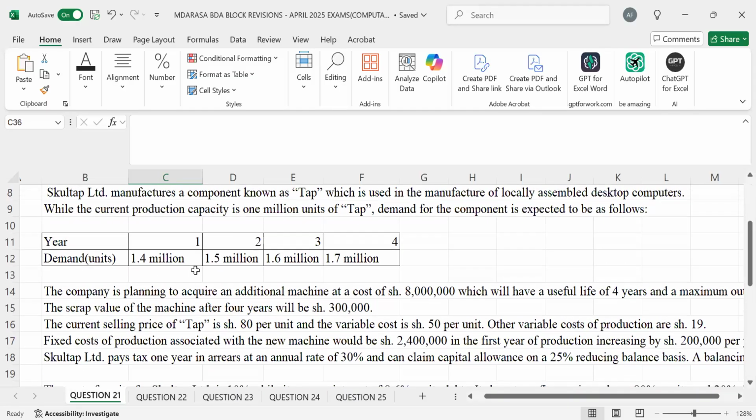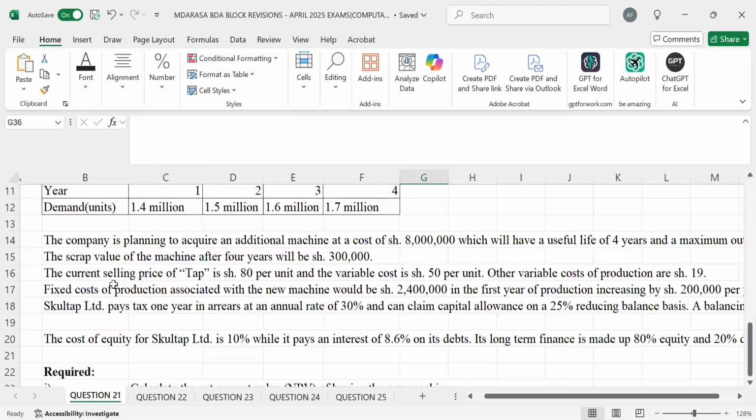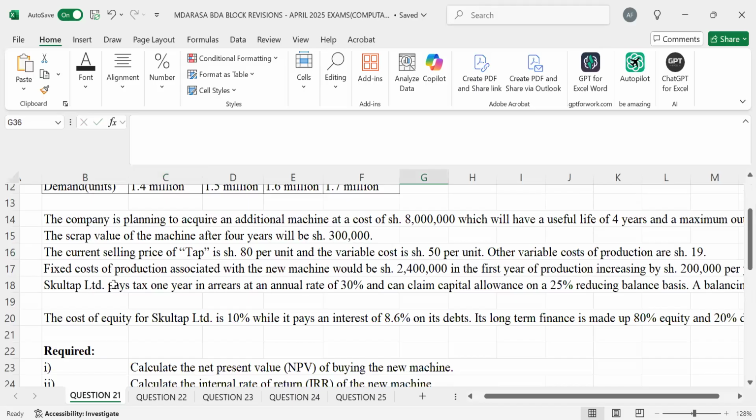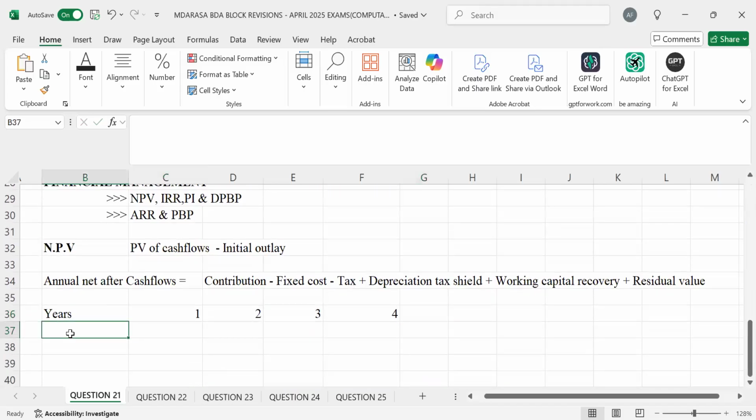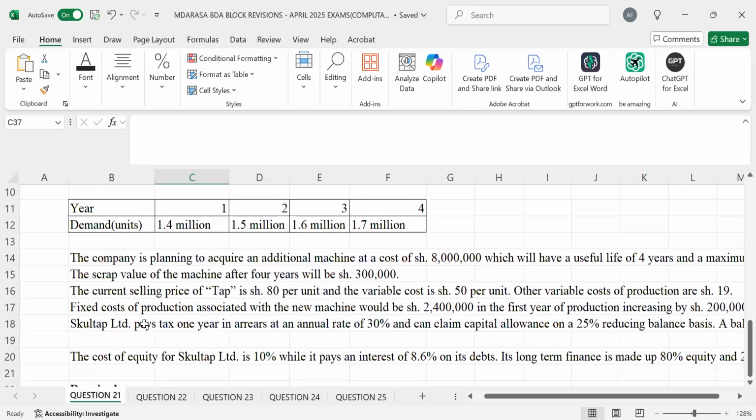We look at the years: year 1, 2, 3, 4. What is our demand in units? In this case, we're told that in year 1 the demand is 1.4.